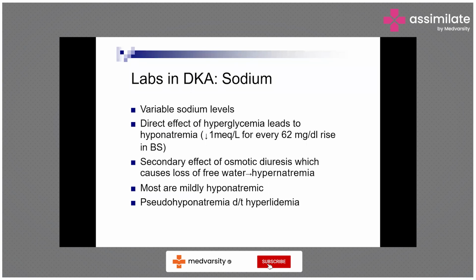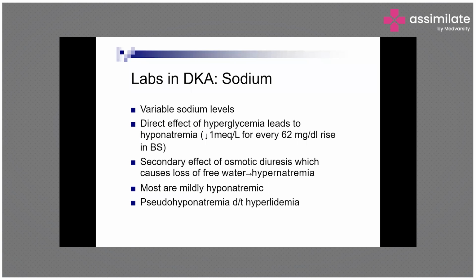As we know, sodium is the most common electrolyte which is affected. Sodium and potassium both are affected, and the sodium levels have a direct relationship with the hyperglycemia. I have already told you, with every 100 milligram rise in sugar levels, there will be a drop in sodium levels by 2 milliequivalents.